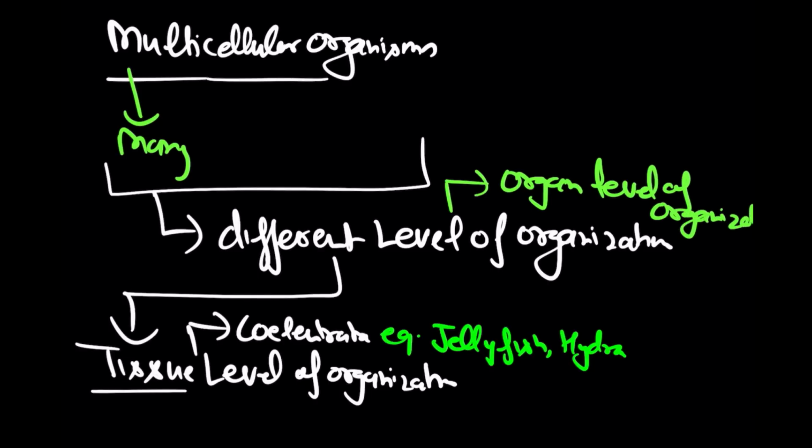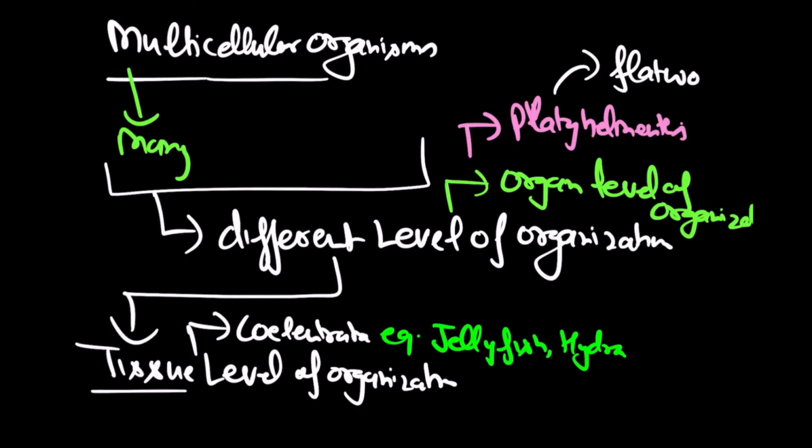And here the best example is platyhelminths. In the case of platyhelminths, what you are going to see is organ level of organization, and you can remember this by flatworms. Flatworms have organ level of organization. Now in multicellular organisms, you can also have organ system level of organization.